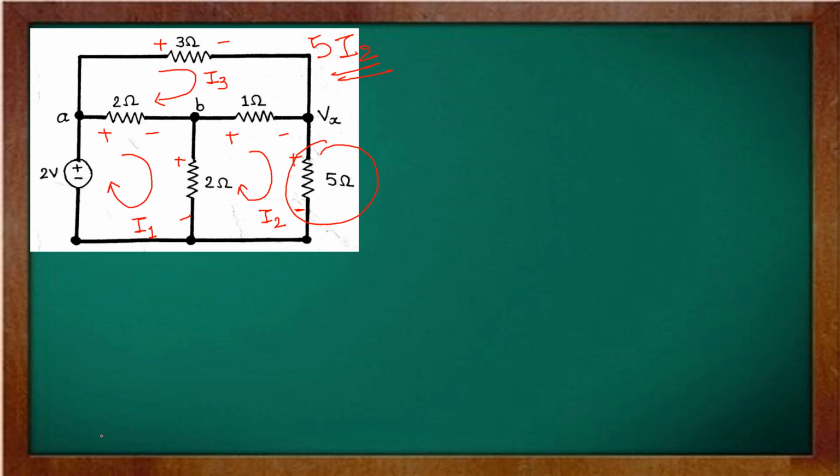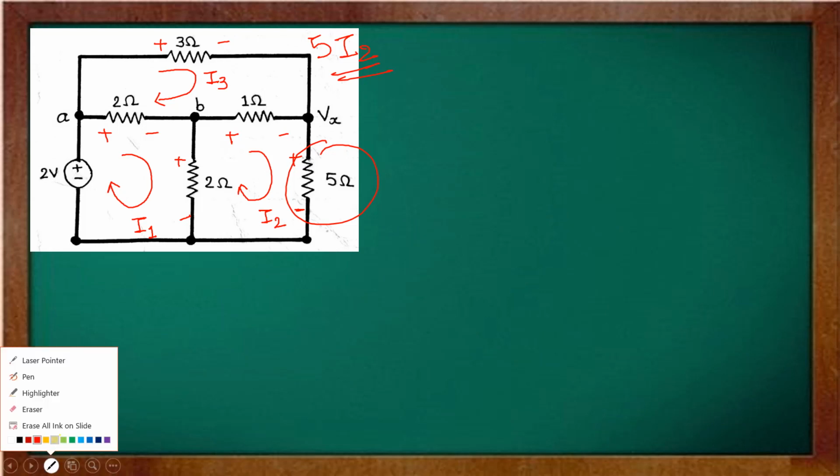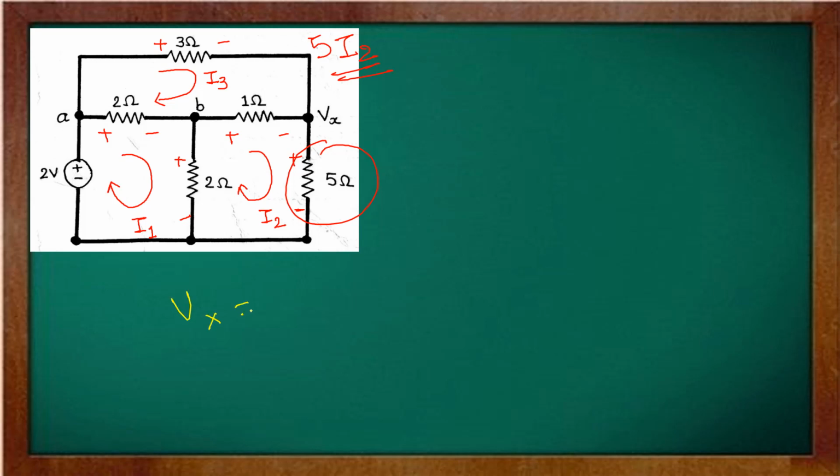Now we simply multiply 14 divided by 62 with the 5. So Vx will be 14 divided by 62 multiplied by 5, which is equal to 1.129 volt, which is almost equal to 1.3 volt. So this is how you can find Vx using mesh analysis.